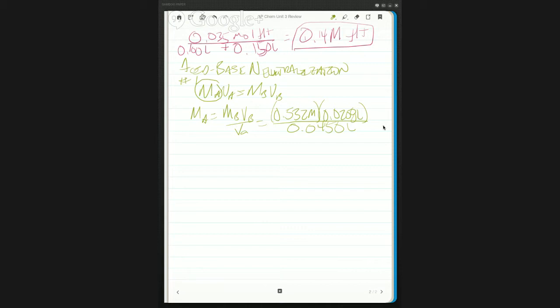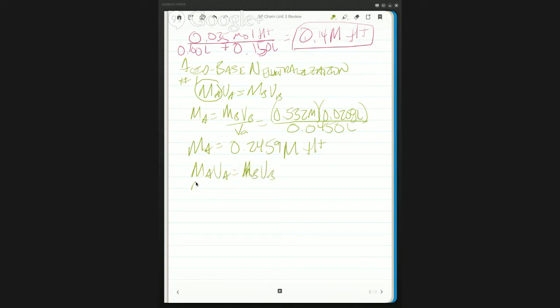So I plug that into my calculator, 0.532 times 0.0208 divided by 0.045, and I get the molarity of my acid being equal to 0.2459 molarity of H+.